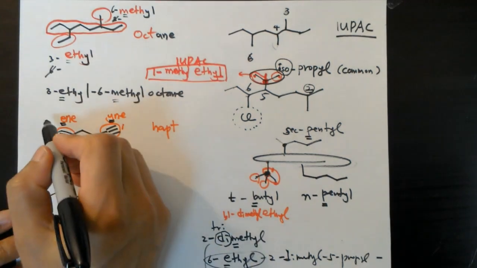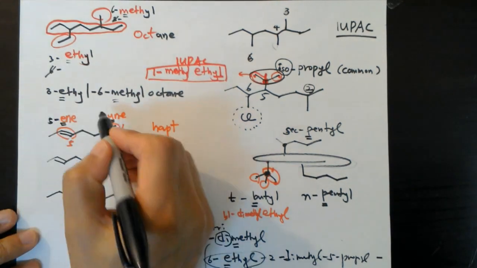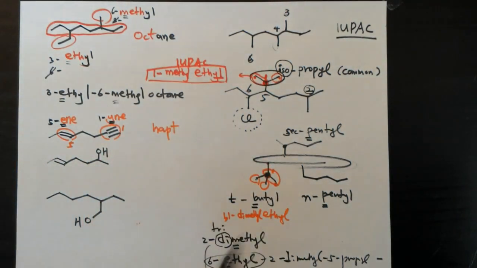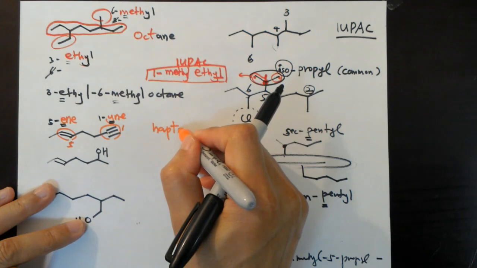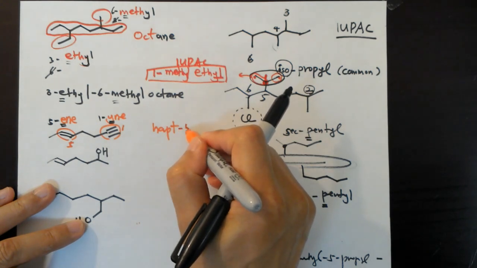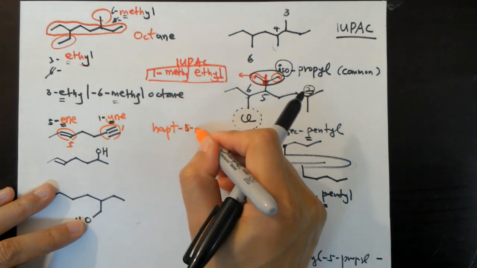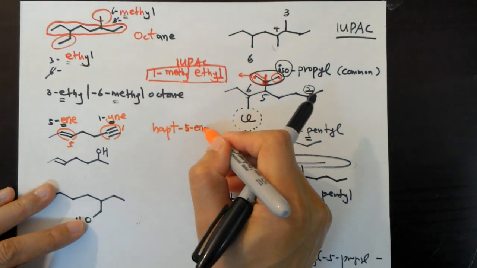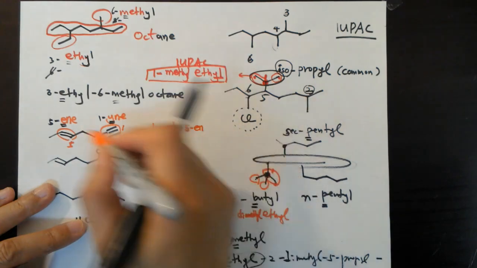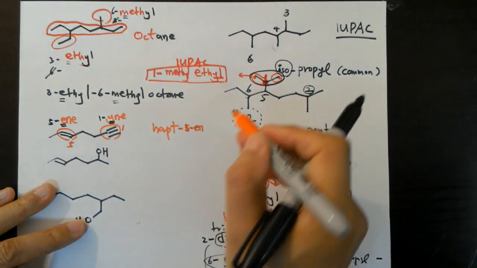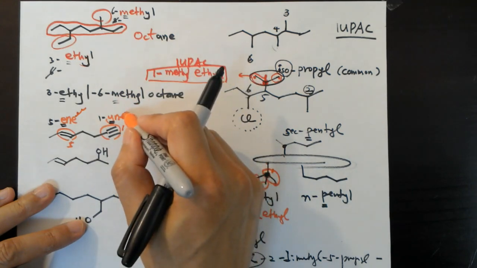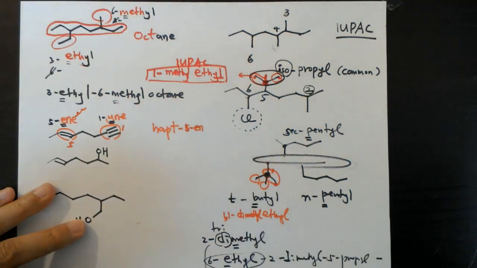So the 5 ene and the 1 yne, when you put them together, regardless of the number, you put the functional groups in alphabetical order, so ene first. But when you put another functional group, you omit the ending E. This could have gone too if there's another higher prioritized functional group.